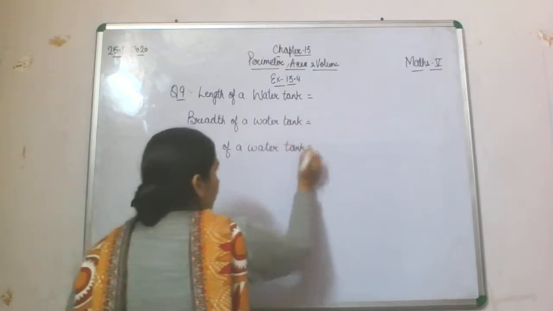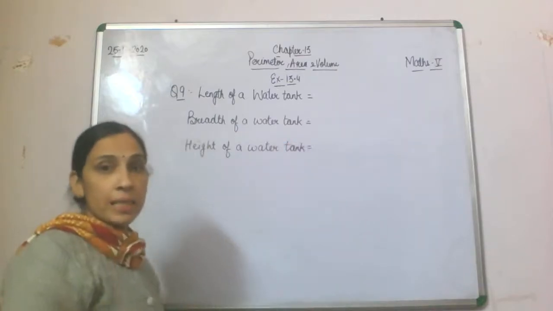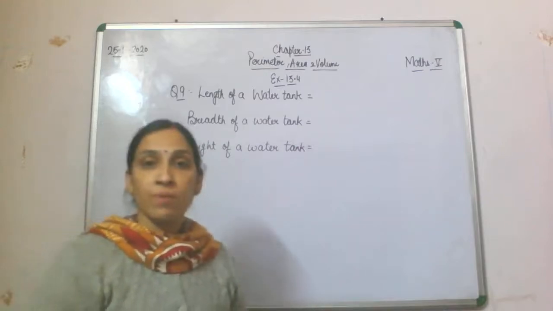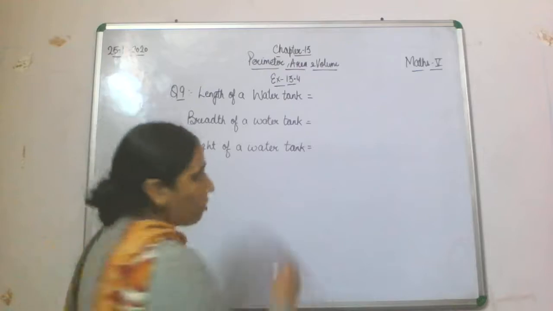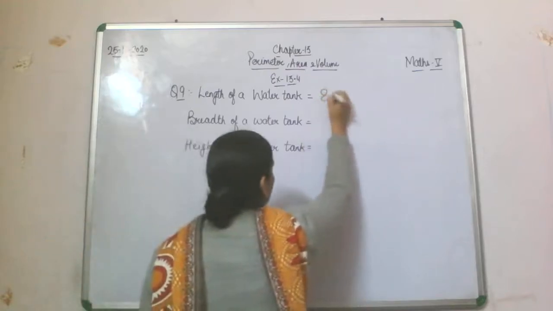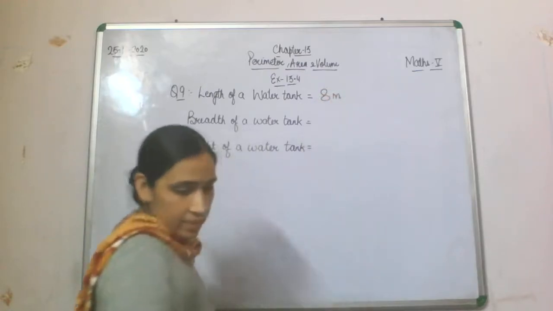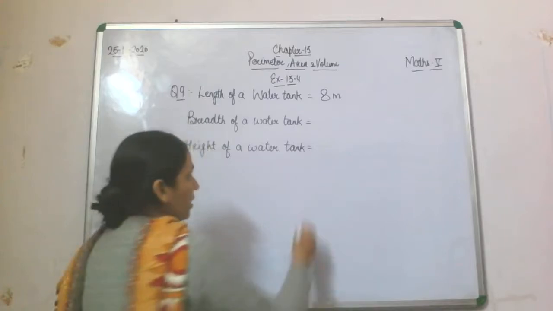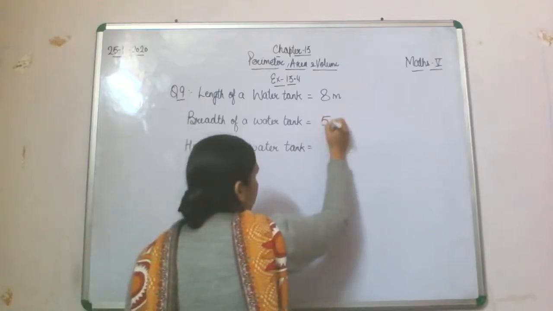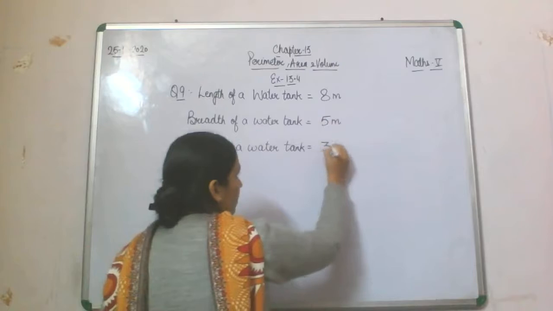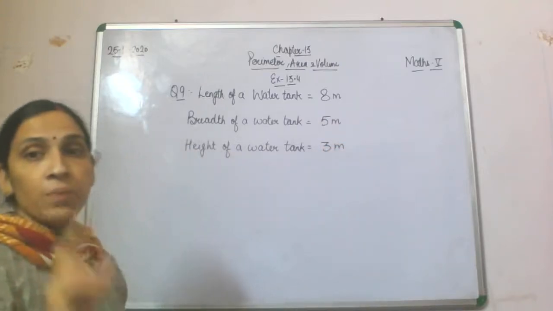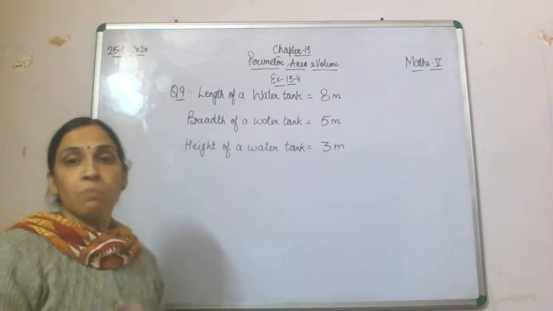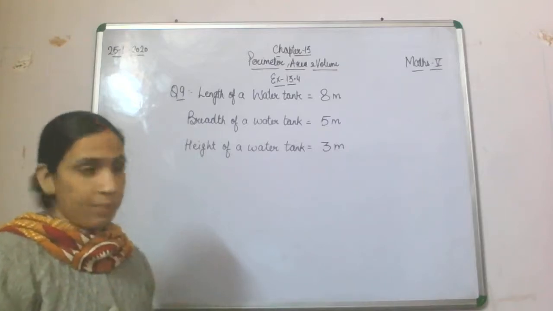So in this we are going to write whatever length is given. That is 8 meter long, means length will be 8 meter. Then 5 meter wide, that will be your breadth, and 3 meter deep. Now depth will become the height of that particular tank.